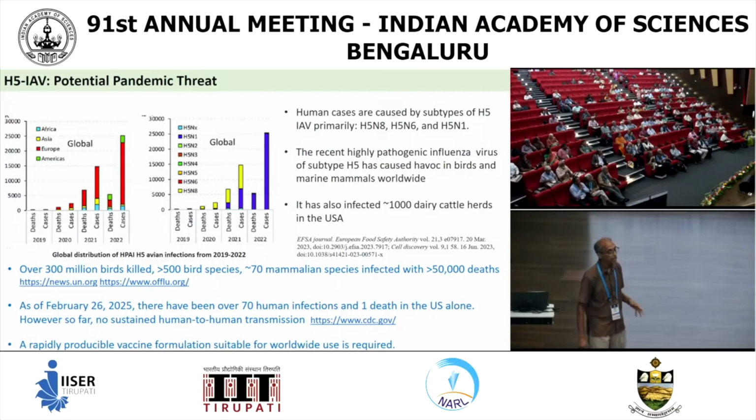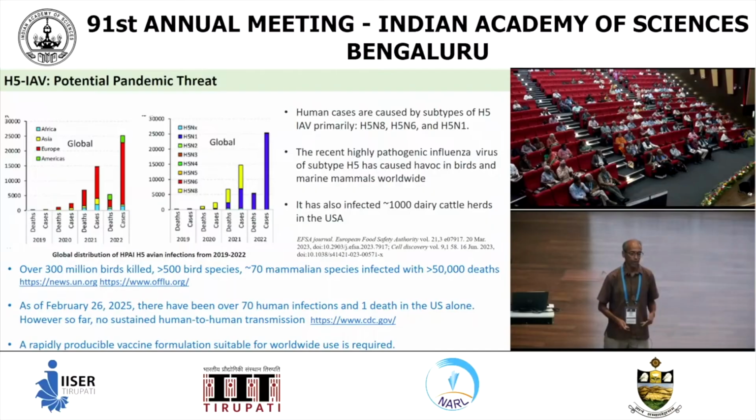But nevertheless, it's an illustration of how rapidly these pandemic strains can arise, especially in a segmented virus like influenza virus, which infects multiple hosts. When you have a virus which infects multiple hosts, you can have two different viruses recombining in the same host. Most of the time, that doesn't lead to infectious virus, but sometimes you can get a virus that crosses the species barrier.